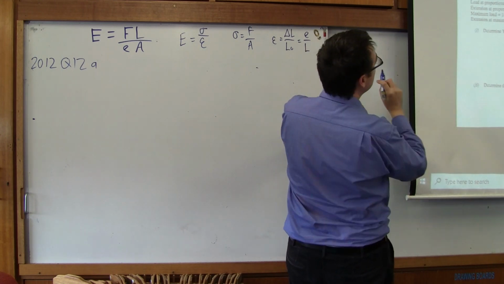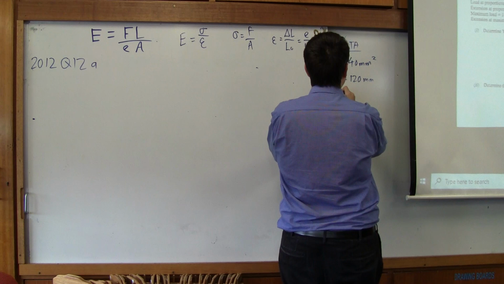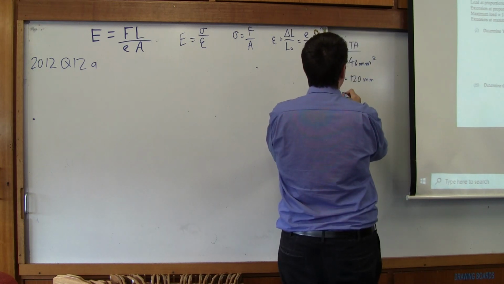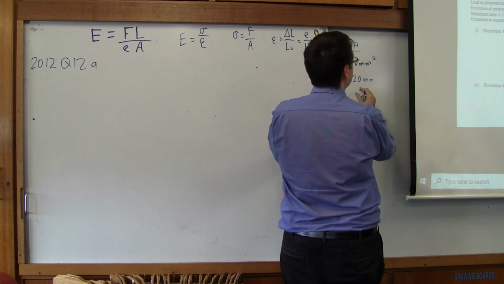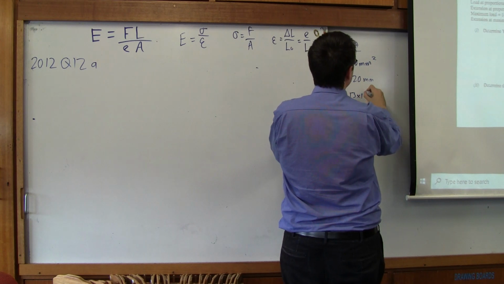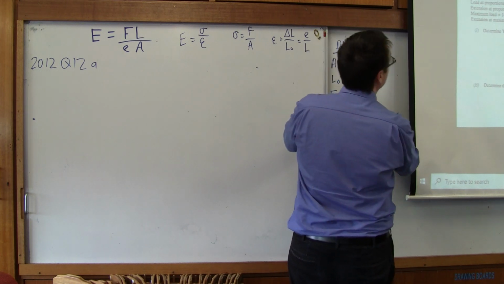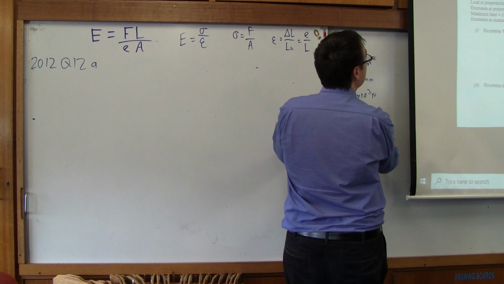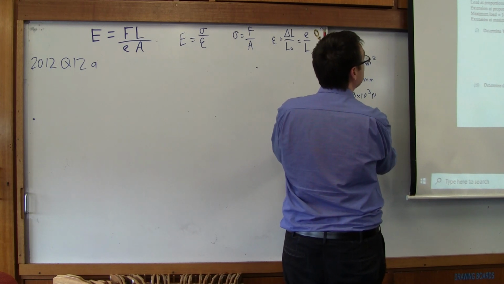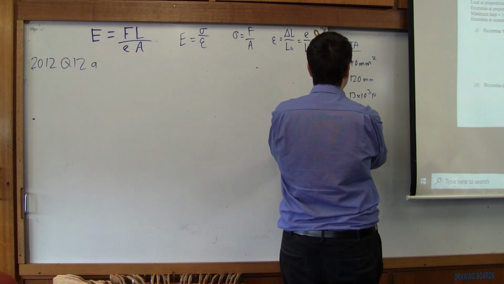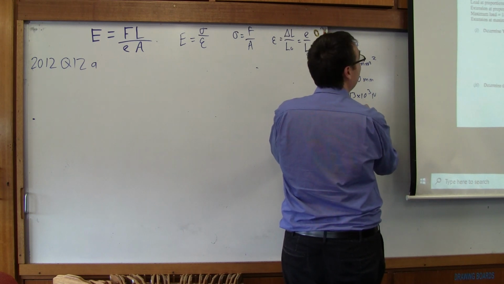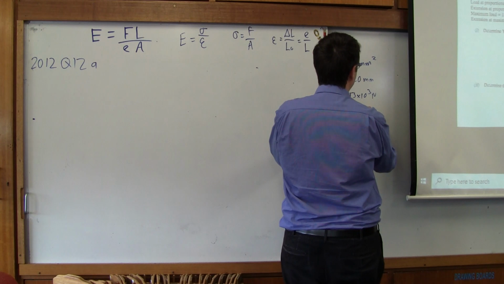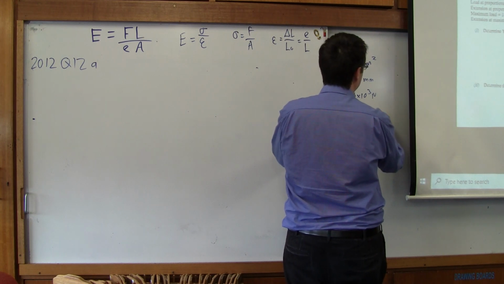We have load at the proportional limit. So I'm going to write Fy for yield, even though it's proportional limit, that's close enough, equals 13 times 10 to the 3 newtons. Hopefully I won't forget that this time. Extension at proportional limit, so this is delta L or E, equals 0.19 millimeters.